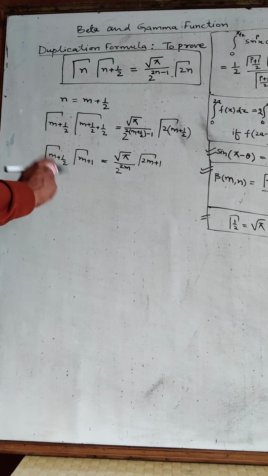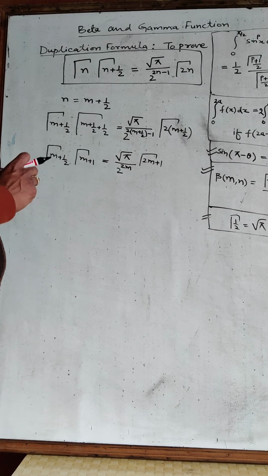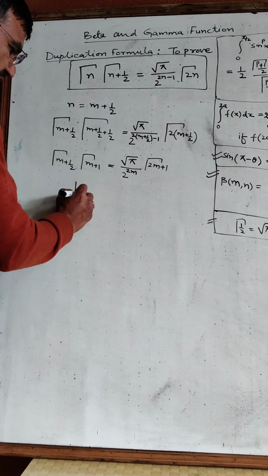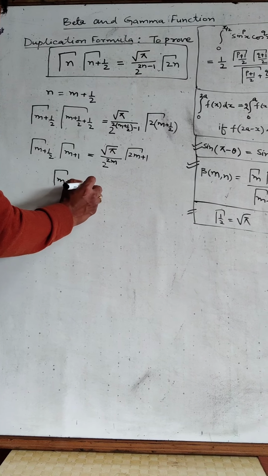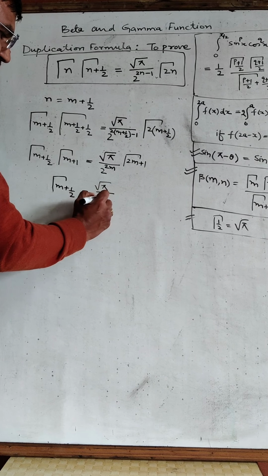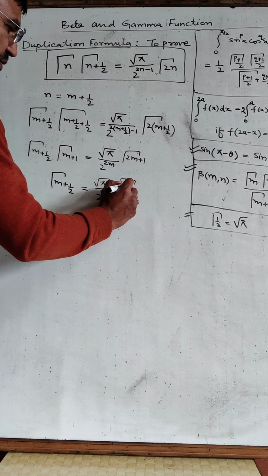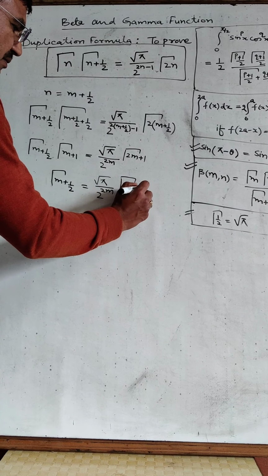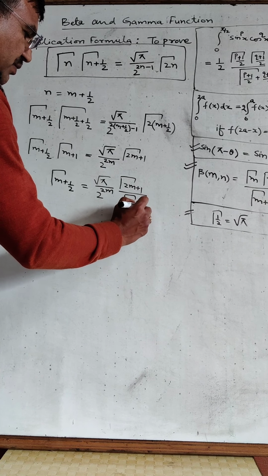Again if we cross multiply with gamma of m plus 1, it would become gamma of m plus 1 by 2 is equal to under the root pi over 2 raised to the power 2m gamma of 2m plus 1 over gamma of m plus 1.